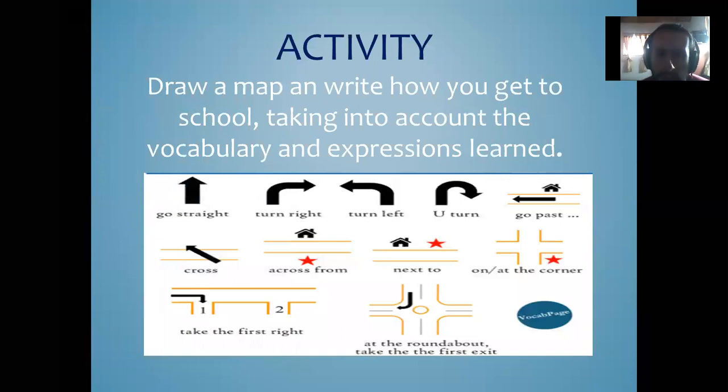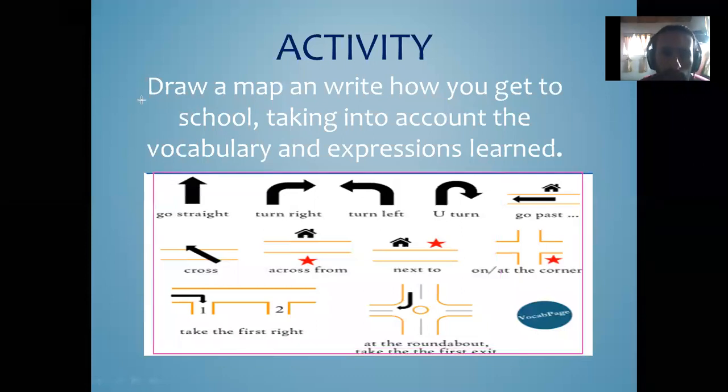The activity that you have to do in your weekly guide is this. You have to draw a map and write how to get to your school, taking into account the vocabulary and expressions learned. This that you can see in this part, there are some of the vocabulary that you can use.